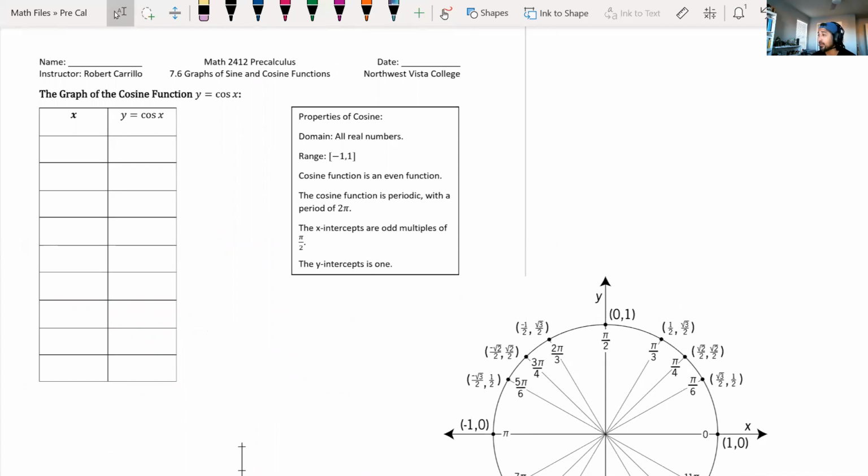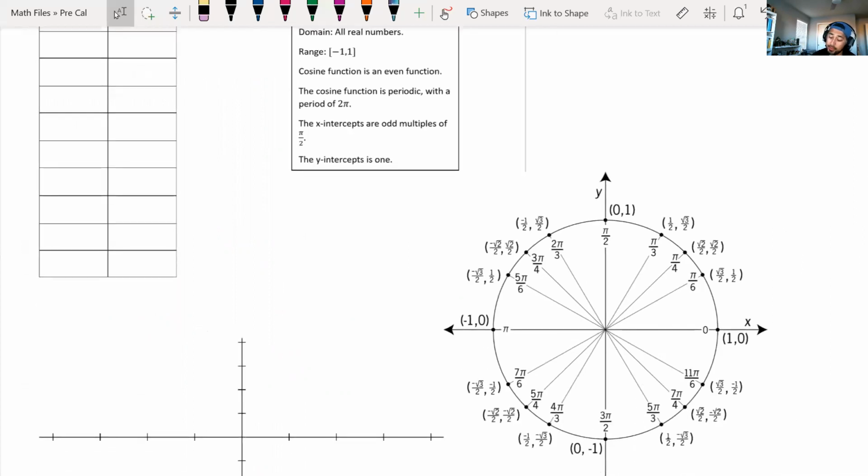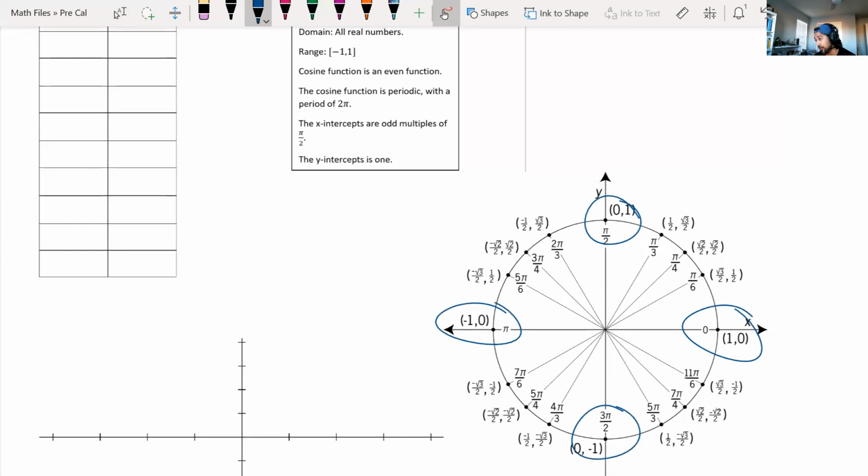All right, and like I said, just like sine, you are going to want to pick the same radian values for cosine. 0, pi over 2, pi, 3 pi over 2, and 2 pi, because these are the nicest numbers to graph.